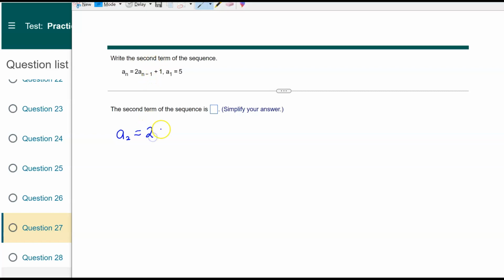So you have 2 times a sub 1 plus 1. Now, a sub 1 is given to be 5. So you have 2 times 5 plus 1. 2 times 5 is 10, plus 1, that is equal to 11. So the second term of the sequence is equal to 11.